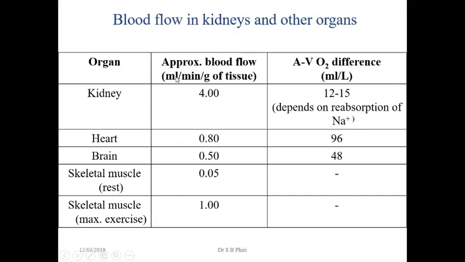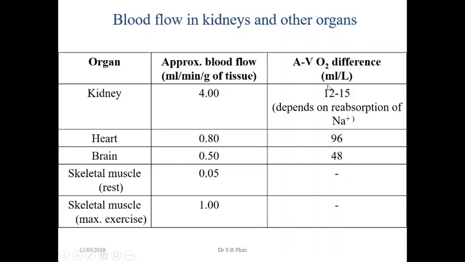This is very high when you compare to the other tissues. The heart itself needs just 0.8, the brain tissue 0.5 milliliters per minute per gram of tissue, the skeletal muscle 0.05. But when you're exercising, the skeletal muscle blood supply will increase to about 1 milliliter per minute per gram of tissue.